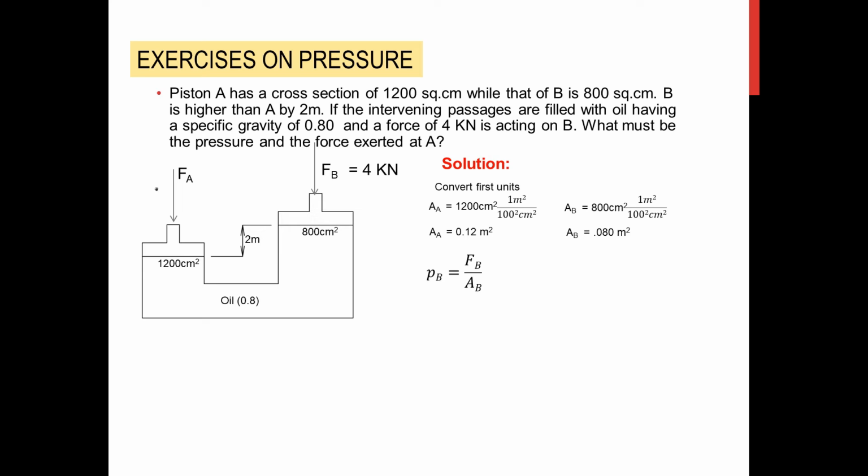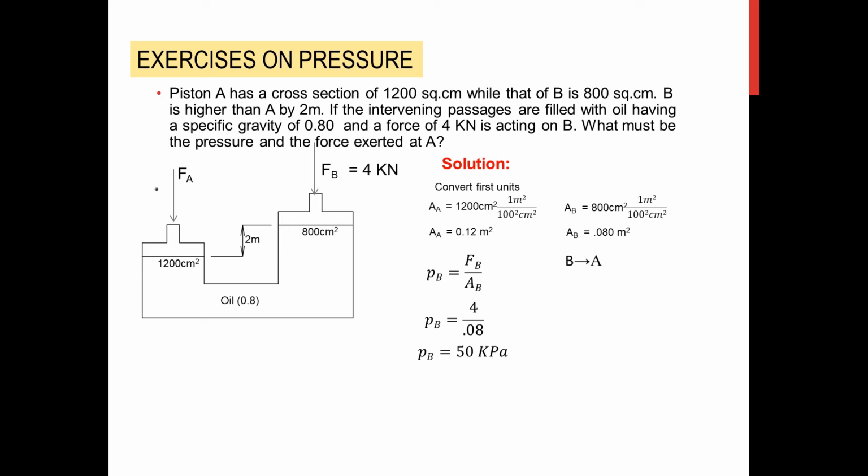So for B, the pressure at B is equal to the given 4 kilonewton divided by the area 0.08. Remember that the force is in kilonewton and the area is in square meter. Kilonewton per square meter is kilopascal. Therefore, the pressure at B is 50 kilopascals.